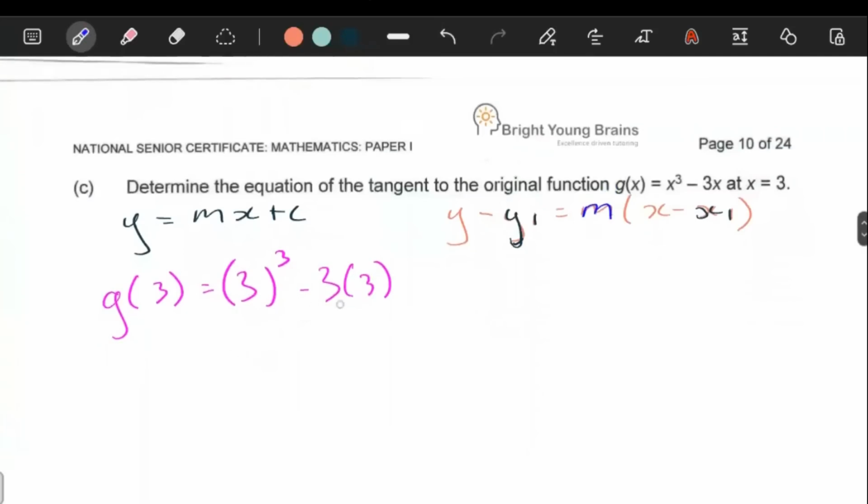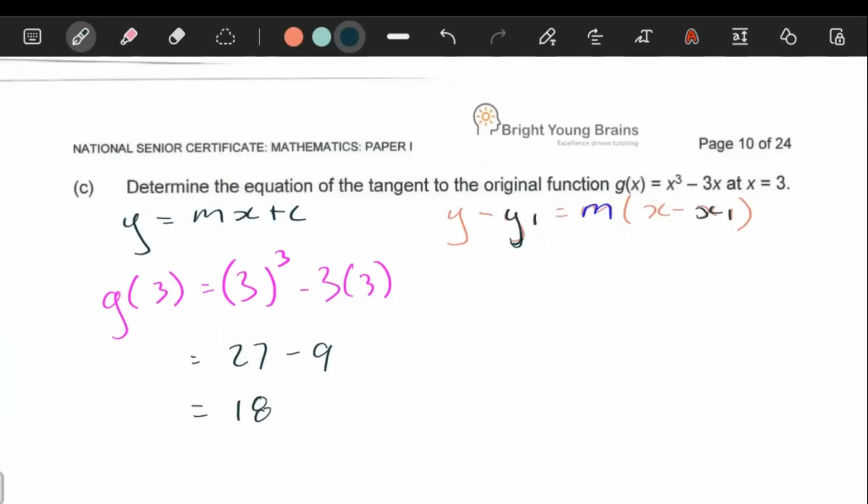So getting x1 and y1, we have here 3 cubed is 27, minus 9. 27 minus 9 is 18, right?